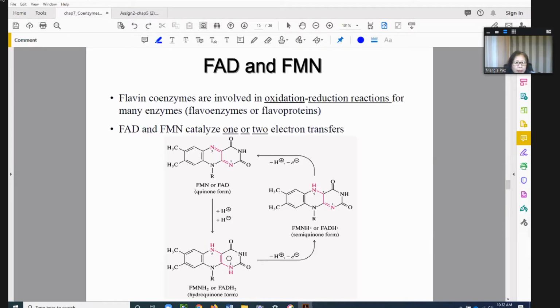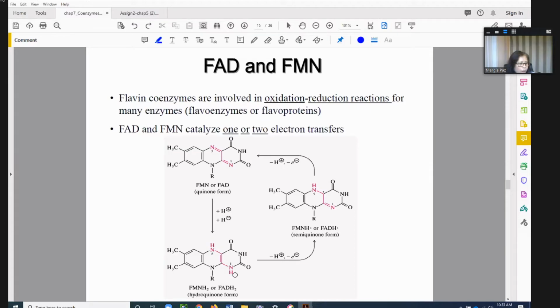So here in the quinone form, 2 electrons, so 2 protons. Remember that there's kinetic coupling between electron and proton transfer, right? So the quinone form is fully reduced into this hydroquinone form.